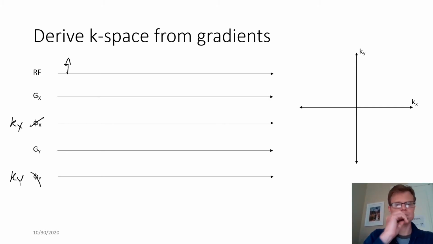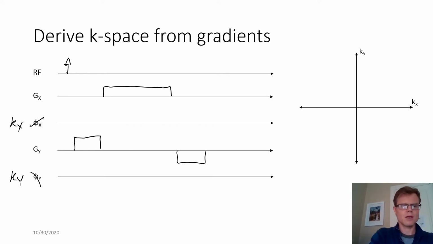I have an RF pulse, and let me just repeat with the same example that I showed there. What this picture tells us is, first, our phase at the beginning is always 0, or our k-space, which we can denote as a vector, is 0 after the RF.